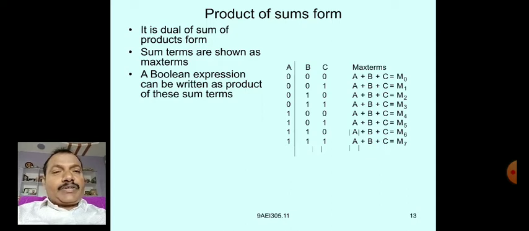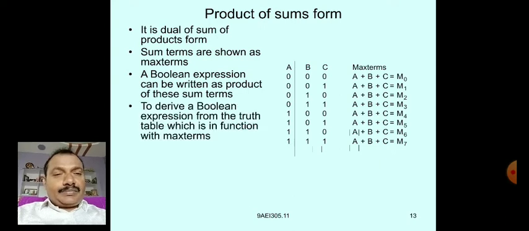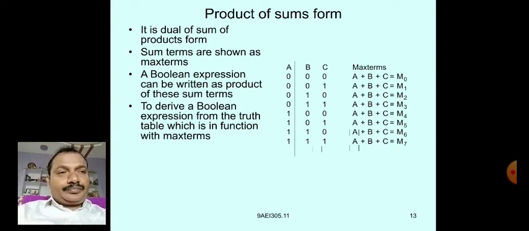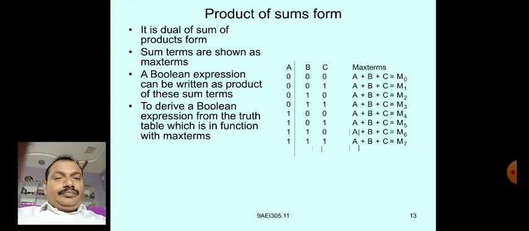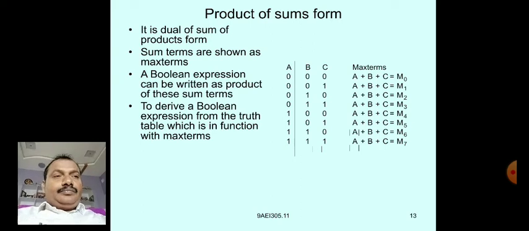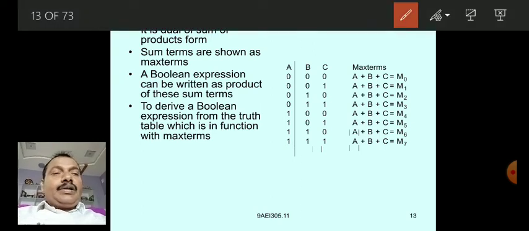A Boolean expression can be written as a product of these sum terms. To derive a Boolean expression from the truth table in terms of max terms, you see, observe here.